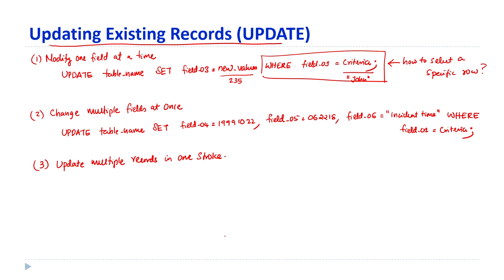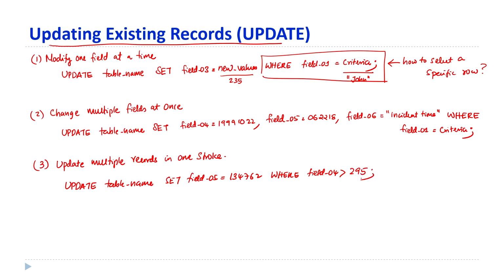So, the query is update table name, set field 5 equals some number, let us say 134762, something like this, where field 4 is greater than 295, something like this.